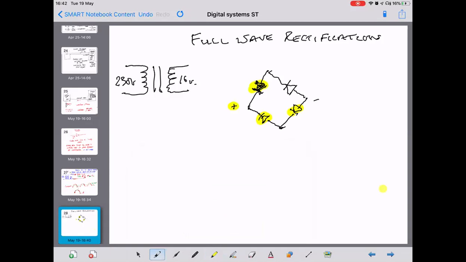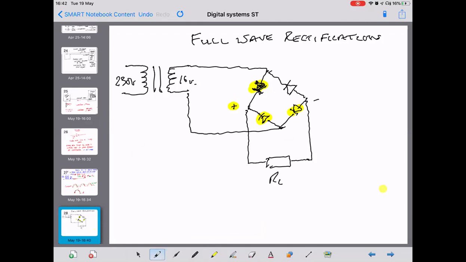The AC goes on the outside too. So we take our DC off there and there. And that's our load. Okay.